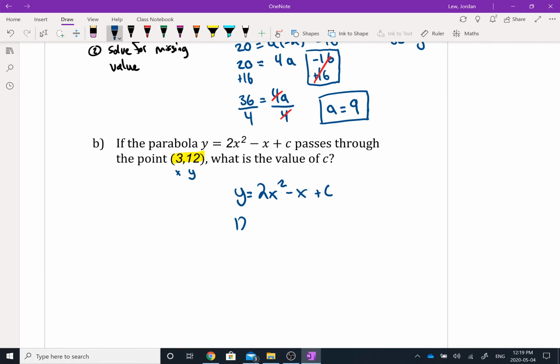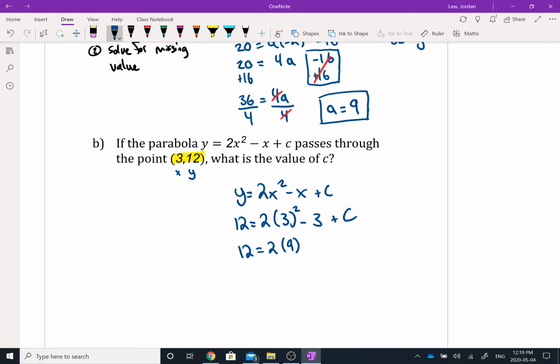y is 12 equals 2 times x squared, which is 3, so 3 squared. Again, remember it only replaces the x. Minus 3, so replace x again, plus c. We have 12 equals 2 times 3 squared, which is 9.